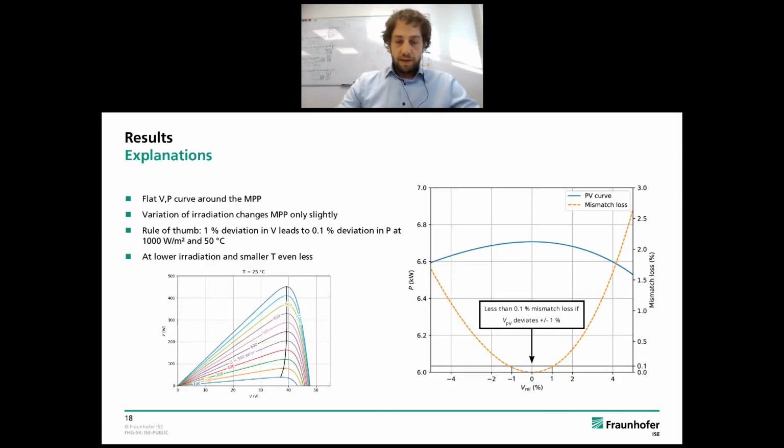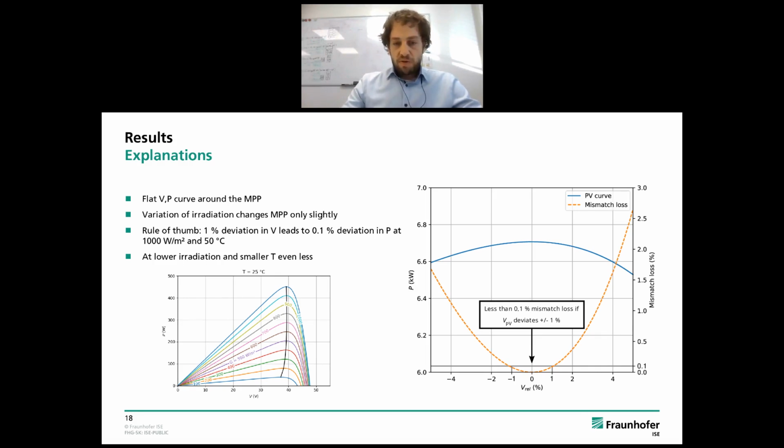I think that some of you may be a bit surprised by the results, so I will try to explain why the results are as they are. Most of the effects that are leading to a voltage mismatch are related to irradiance. If you analyze the MPP curve or the PV curve of a module, this curve is quite flat around the MPP. To show that more concretely, we have plotted the graph here on the right side.